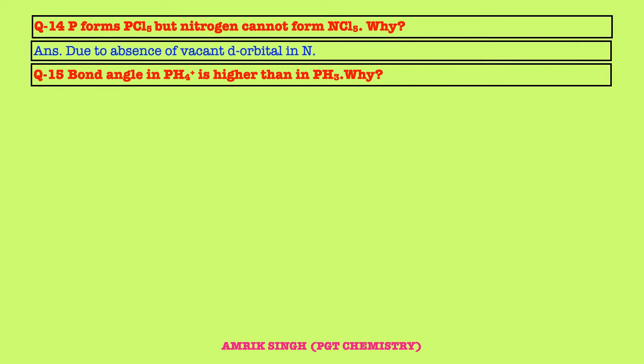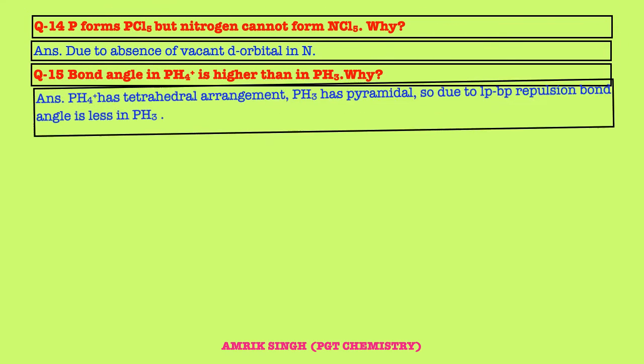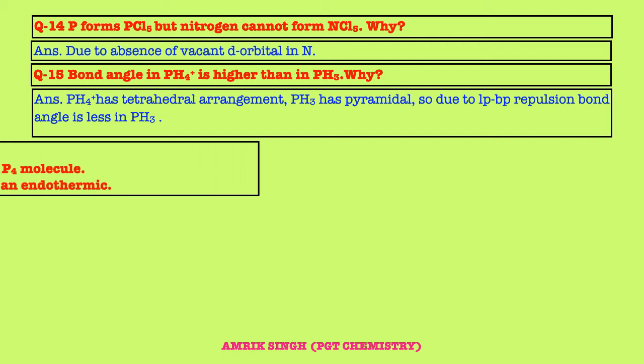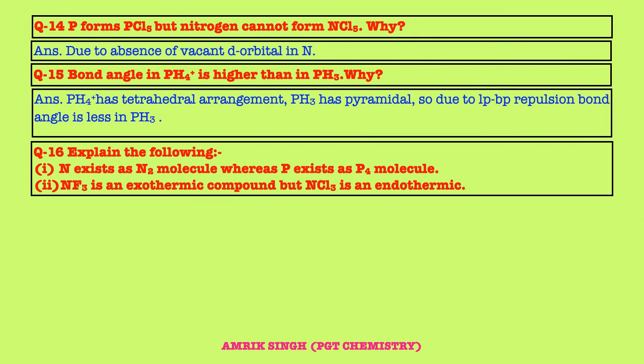Now, question number 15. Bond angle in PH4 positive is higher than PH3. Why? PH4 positive has tetrahedral arrangement, PH3 has pyramidal arrangement. So, due to lone pair-bond pair repulsion, bond angle is less in PH3. Explain the following. N exists as N2, whereas phosphorus exists as P4.